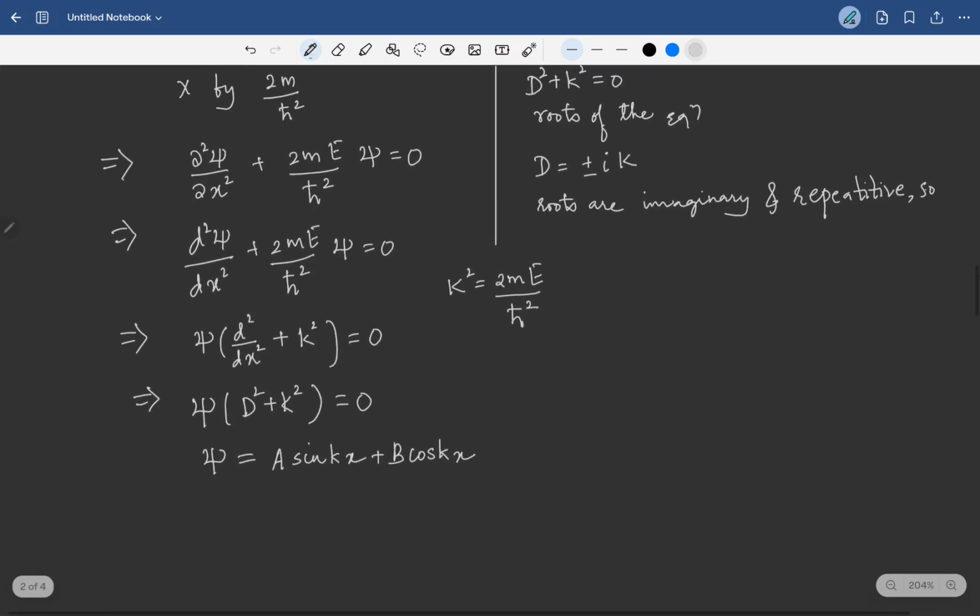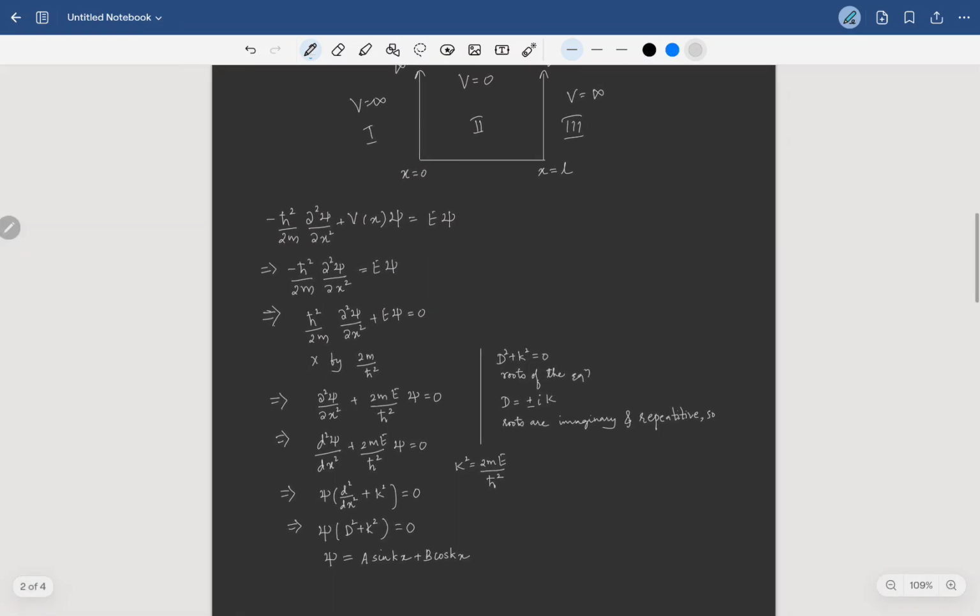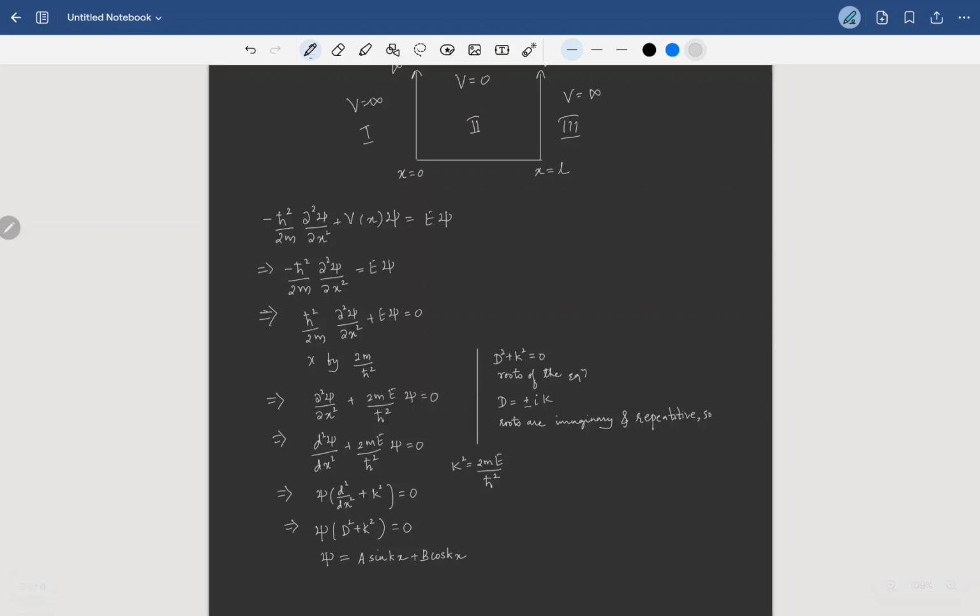Now, putting the boundary conditions. What are the boundary conditions here? At x equal to 0, psi is equal to 0. Why should psi be 0 at x equal to 0? Because the wave function is a function, a graph.